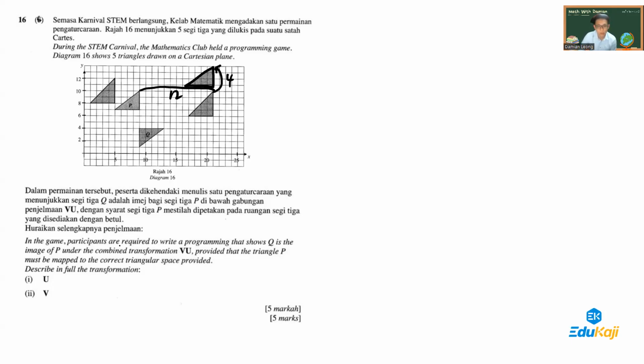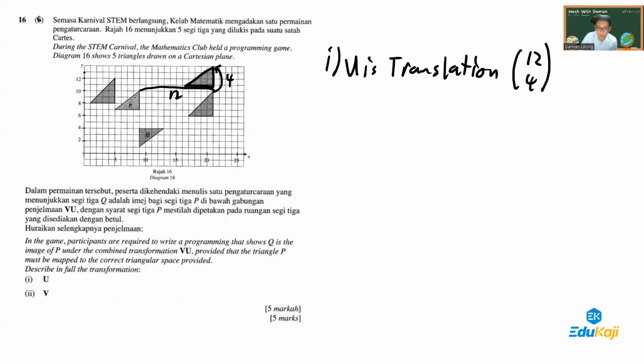So U is a translation. The combined transformation is U and then V, so from P to this triangle first. That's why the translation is 12, 4. Both are in the positive direction. Right is positive, up is positive.